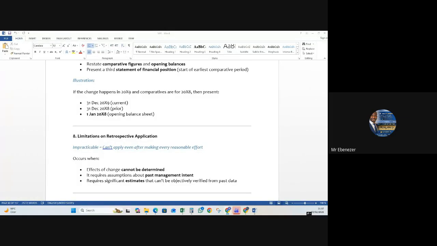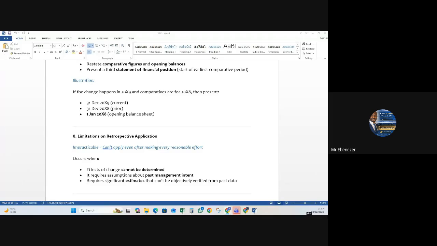All right, so that's it. Now, also, when it requires assumptions about past management intention, you just leave it and apply it prospectively.